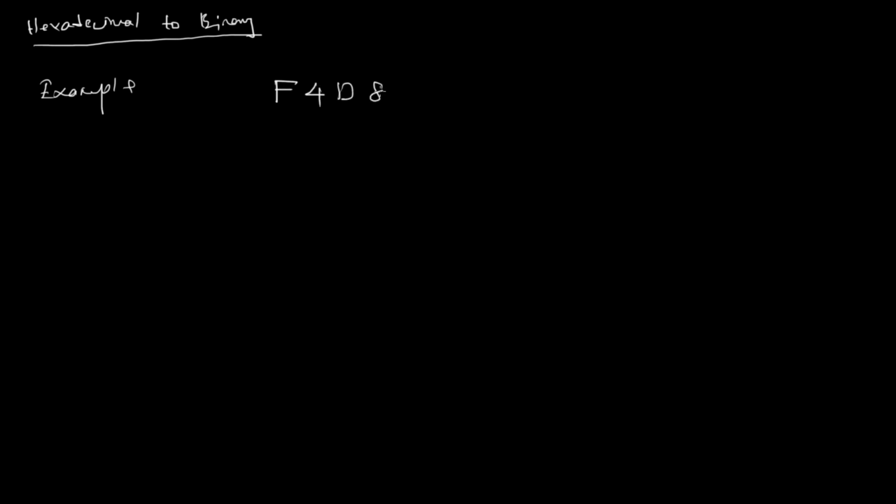Now we want to do the conversion of hexadecimal to binary. So it's a reverse process. Hexadecimal to binary. Let's say I have an example like this: F 4 B 8.